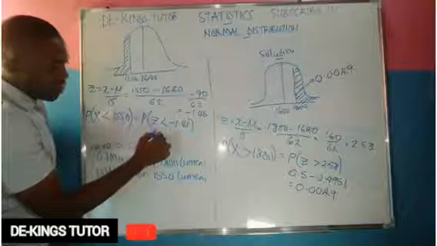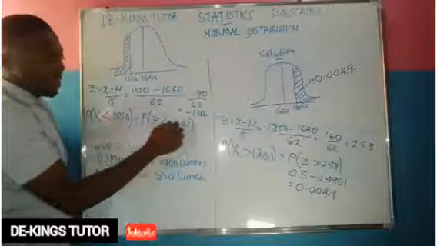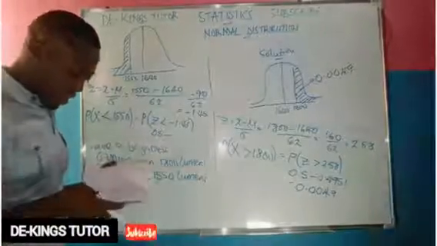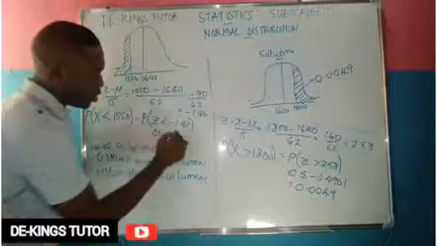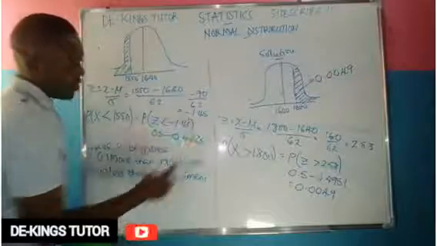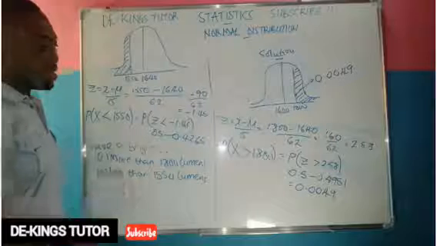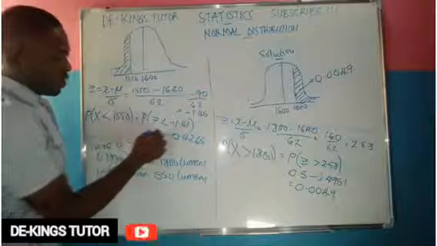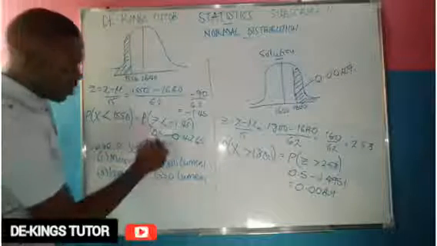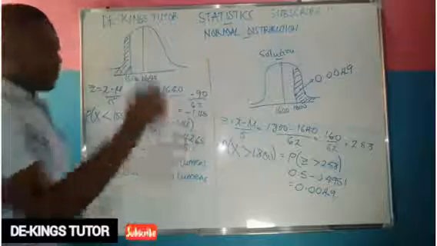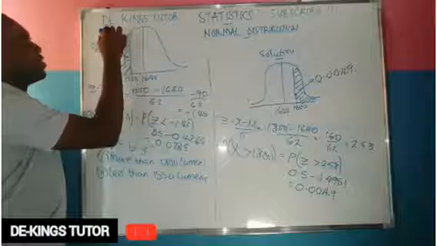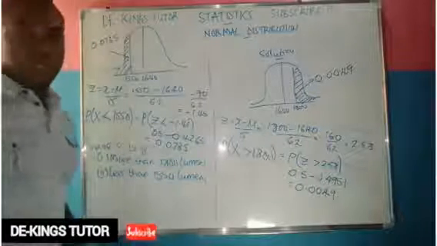So we have 0.5 minus, now you check in your mathematical table, 1.4 under 5. 1.4 under 5 will give me 0.4265. So 0.5 minus 0.4265 will have 0.0735. So it means this area is 0.0735. That's how to solve.